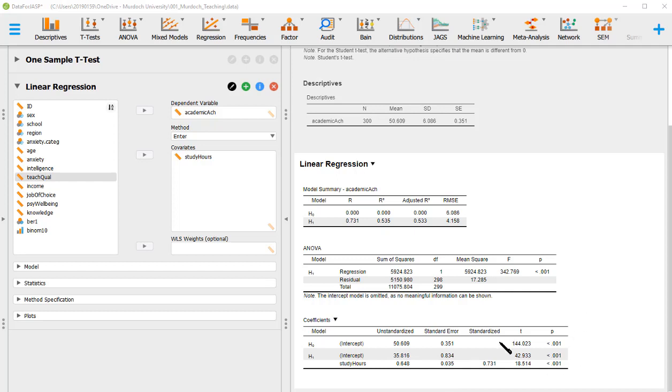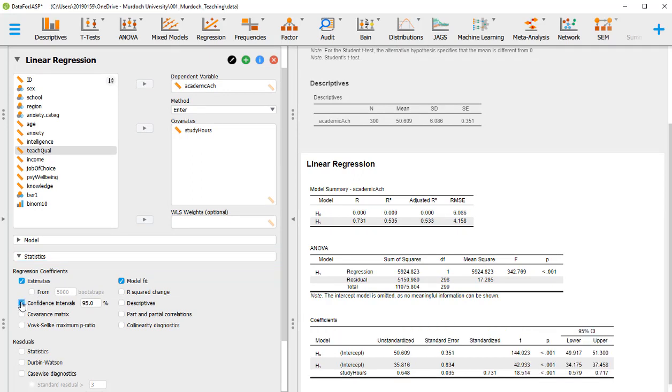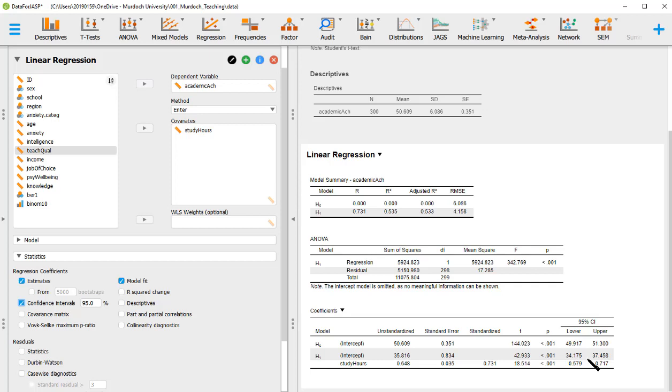Now we want to actually know the confidence interval, before I explain what's standardized there. So if we go to statistics here, we get a confidence interval. Now we've got the confidence interval of the estimates. Remember that the H0 model includes only the mean, so there is no predictor variable.